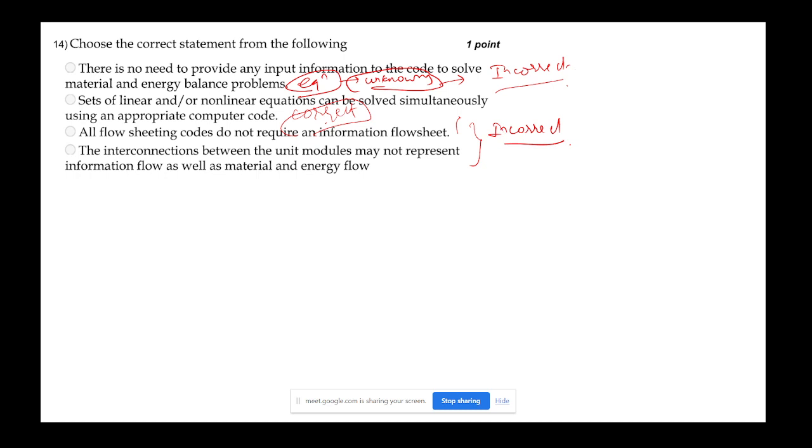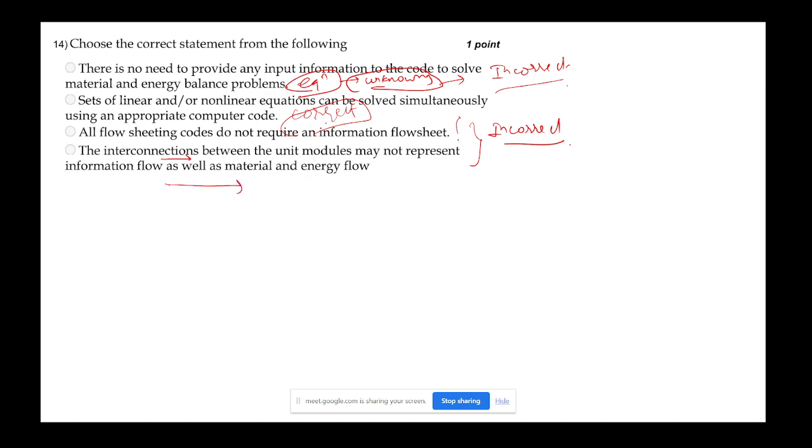So this is incorrect. Then the option is, the interconnections between unit modules may not represent information flow as well as material and energy flow. Interconnections obviously by default mean how it flows. So interconnections tell you about how it is flowing.